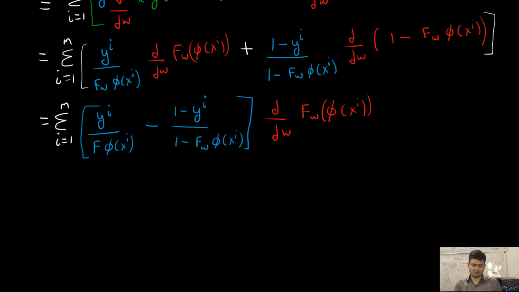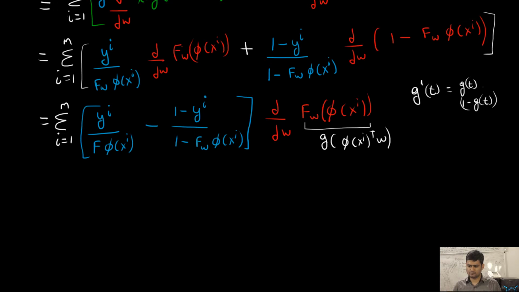Right. As we had seen in the property of the logistic function, this is a logistic function g of phi of x_i transpose times w, and we have seen that the derivative of g with respect to its argument is g of t times 1 minus g of t. So we'll use this property over here.